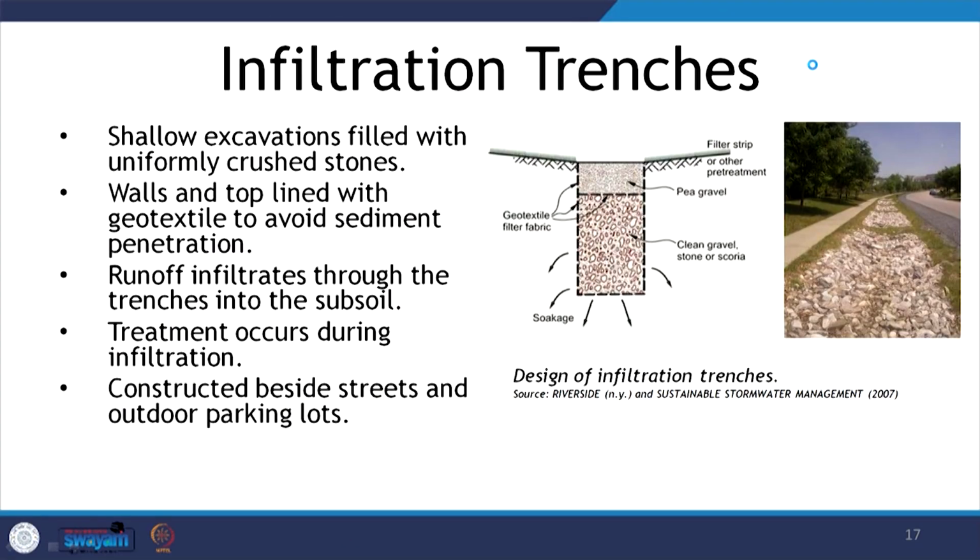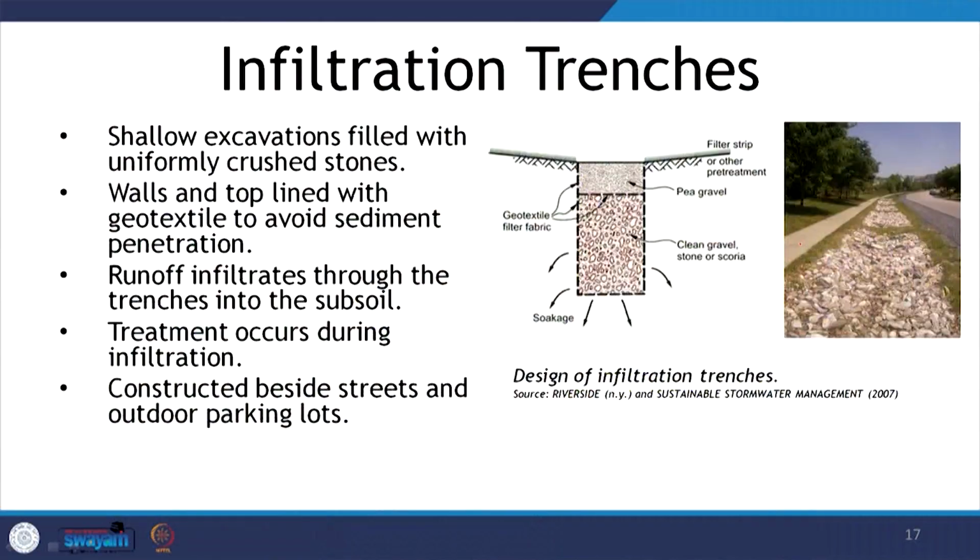Then we also have infiltration trenches. Infiltration trenches are actually sort of drains, but they do not actually carry the water. These are just shallow areas, as you can see in this picture. This is slightly shallow, which will allow the water from both sides to enter, and this is vegetated. So, this is the filter strip which will allow the suspended solids to be retained here with the help of this grass, the little bit of vegetation that you can see here.